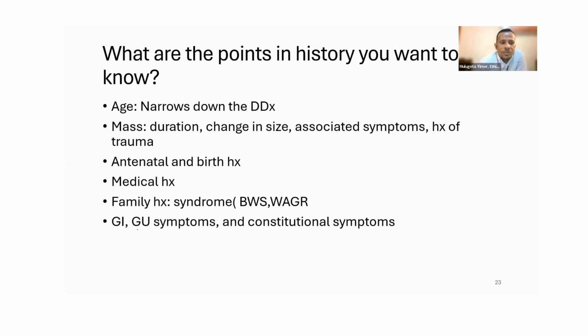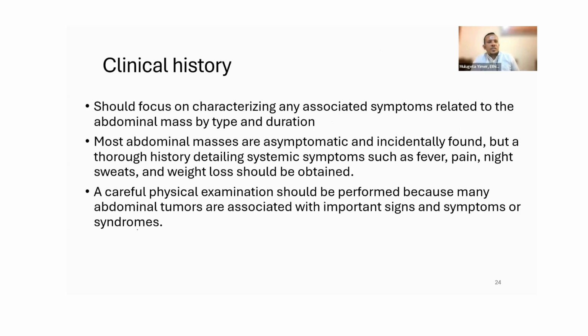These are not absolute, but the presence or absence of one symptom or another will help us narrow the differential diagnosis. So on clinical history, as we have said, this is important. What are the associated symptoms? What is the duration? This is very important.